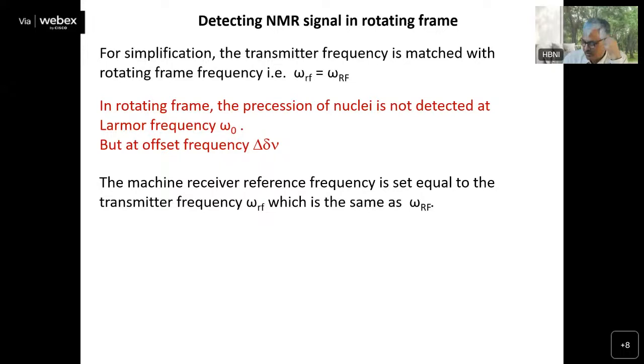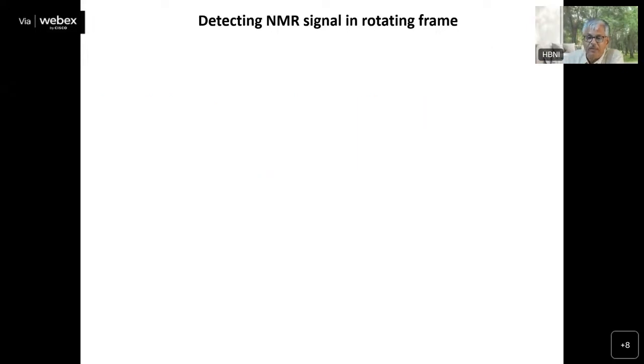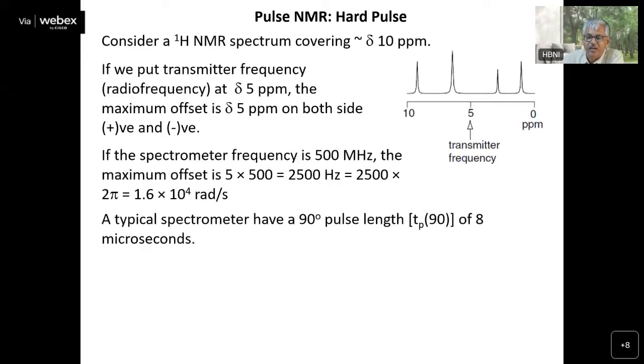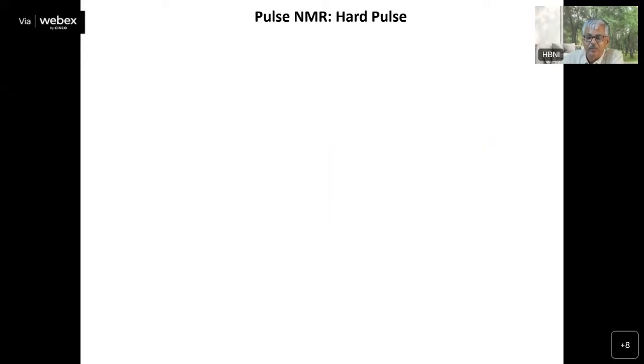Tomorrow's lecture is at 5:30, so 5:30 to 6:30. If you still have difficulties, I can repeat again, because this is a very important thing. You should know it because it will be useful when you go for 2D and other things. Only thing is that in my first few slides, I drew the wrong direction of B1. I'll correct it for your record.